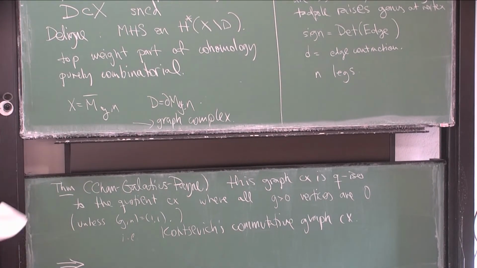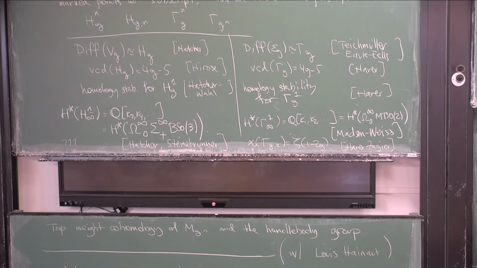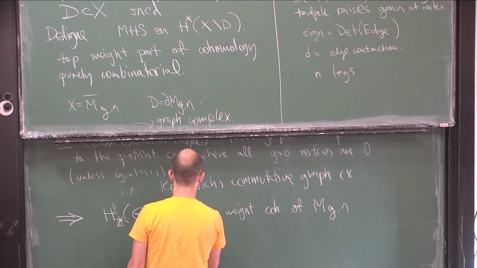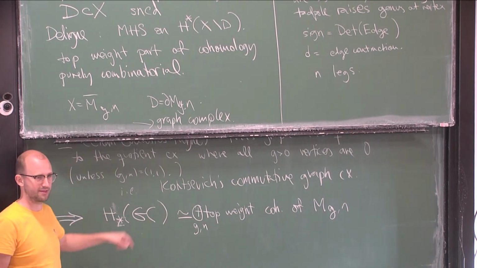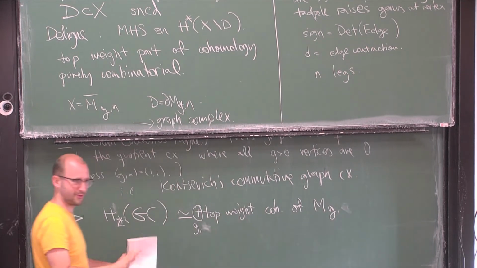So the upshot, and maybe the appropriate way to state the theorem, is that the homology of the graph complex is identified with the top weight homology of M_{g,n}.